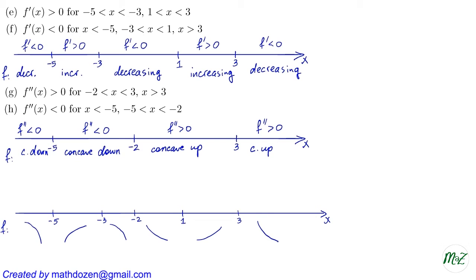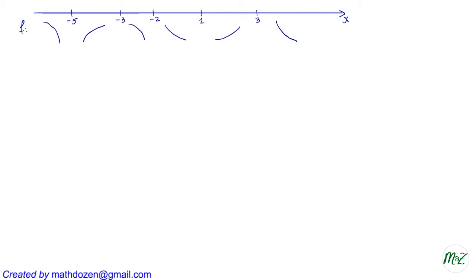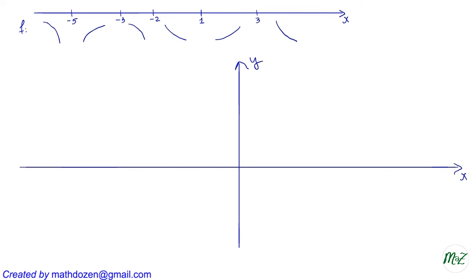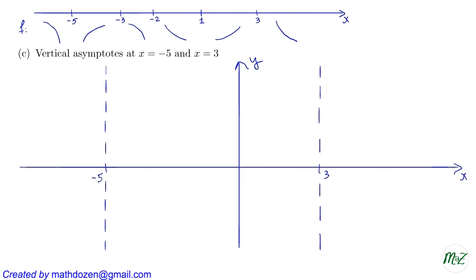And so now we're going to start trying to put all of that onto the same graph. I'm going to make a copy of this sketch that we got because it's going to help us. Okay, so here's the copy of the shape of the graph that we got out of the previous discussion. So this is our coordinate axis, and out of item C we have that the graph should have vertical asymptotes at x equals -5 and +3.